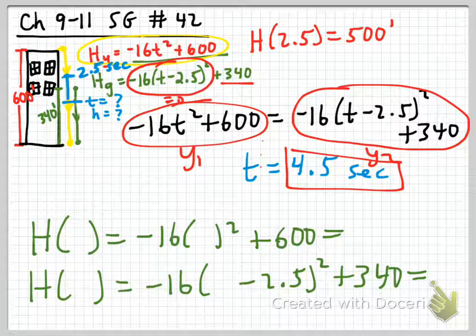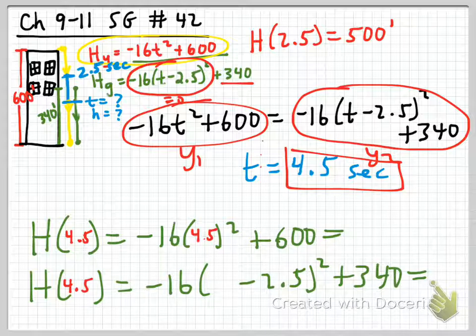So if we have the two equations that represent the height, then we're just going to plug in 4.5 seconds into each one of these equations. It doesn't matter which equation you plug it into, the first or the second, you're still going to get the same value. When you plug in 4.5 seconds, you get, let's see, I think it was 276.